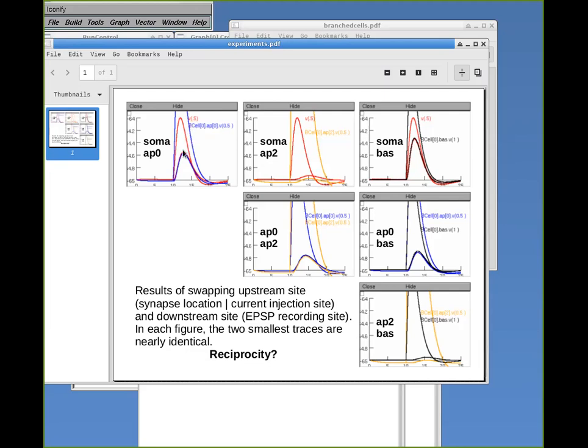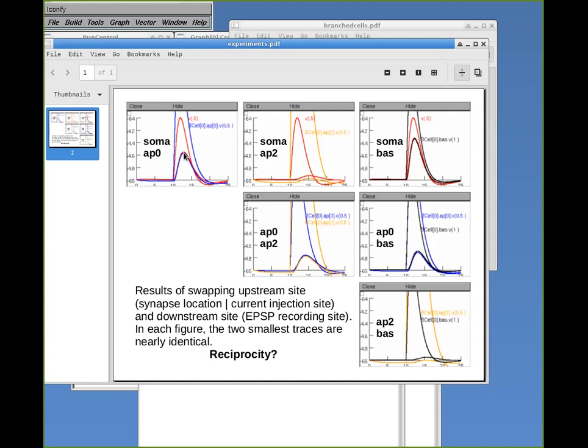So you can see the smaller responses then are always the downstream potentials. So the blue trace is the downstream potential when I'm dumping charge in the soma. The red trace is the downstream potential when I'm dumping charge into apical 0, in the middle of apical 0.